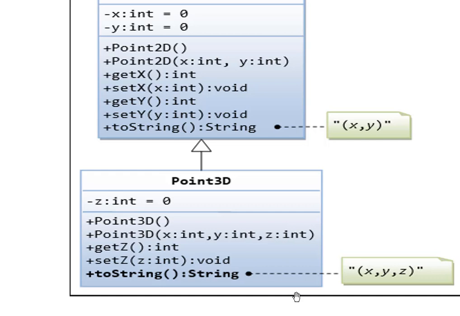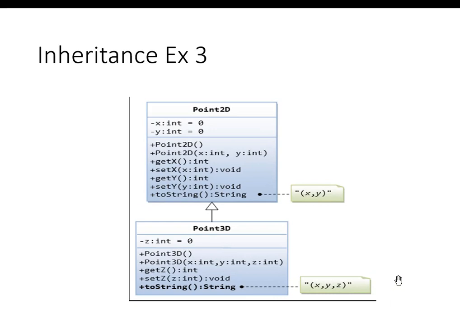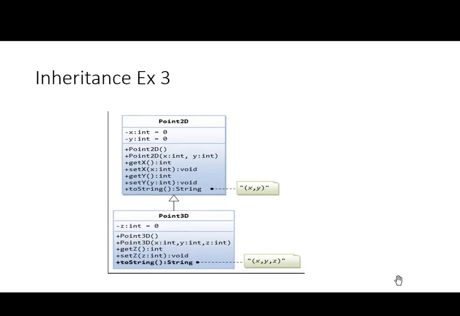It will also contain the getter for z and the setter method for z, and again it will override the predefined method toString that will return the 3 dimensions in a string format, x, y and z. So let's start building this application.